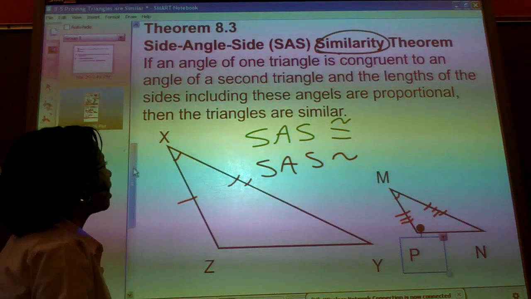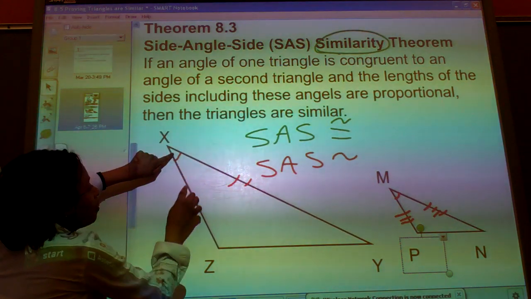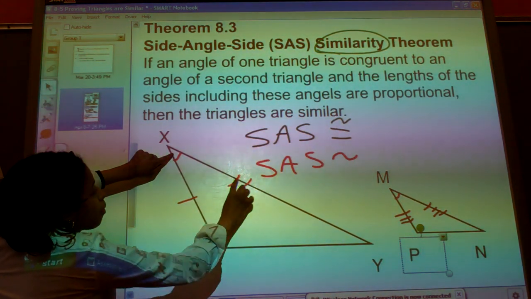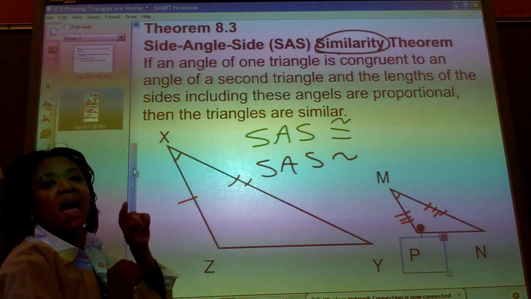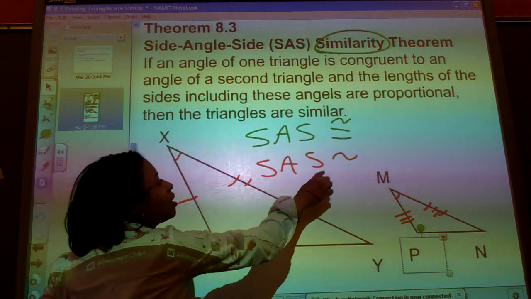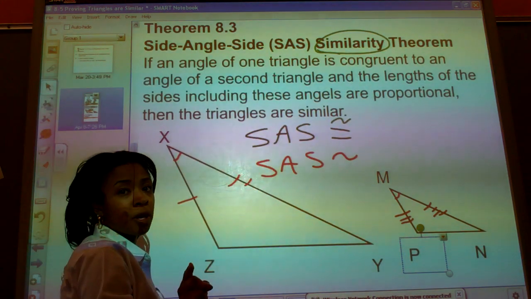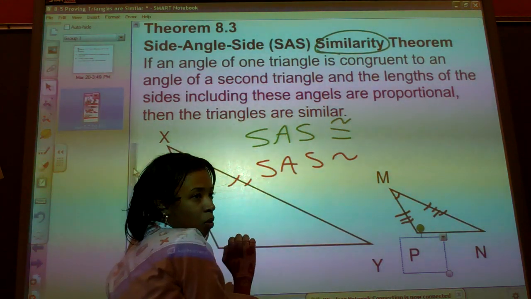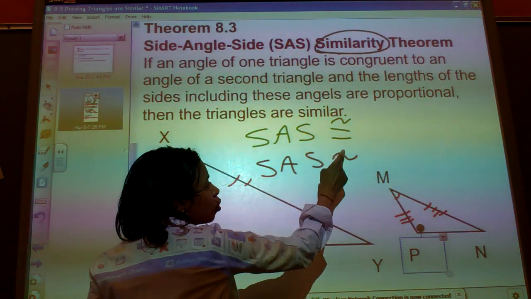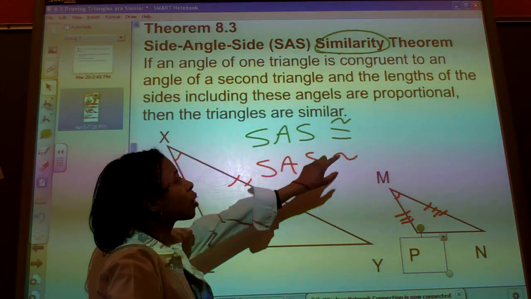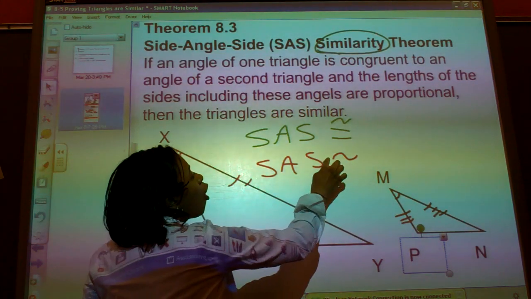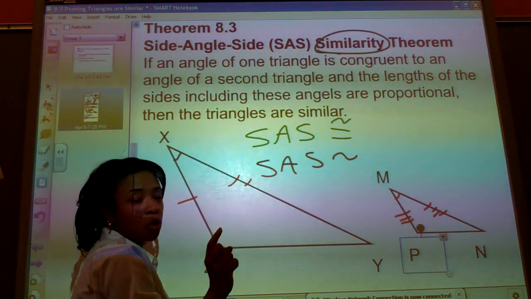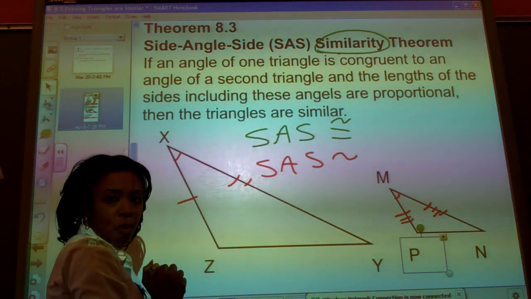I'm also saying that the included angle, the angle in between the 2 sides, angle X and angle M are exactly congruent, because on similarity the angles will be congruent just like they are on the congruent ones. What's the difference between congruent and similarity? Remember, congruent means the angles and the sides are congruent. On similarity, the angles will be congruent, but the sides will be proportional.